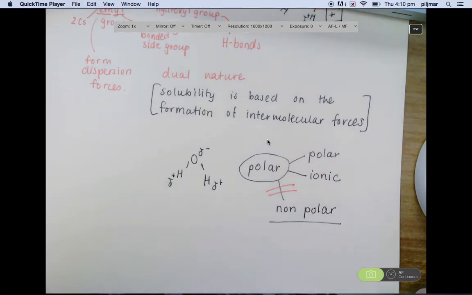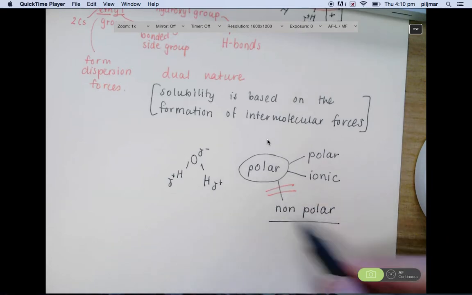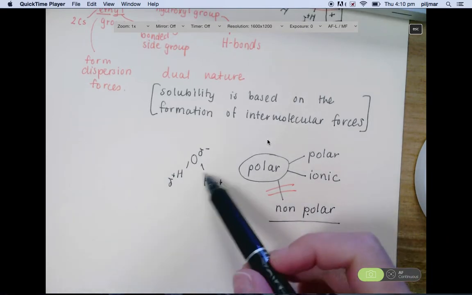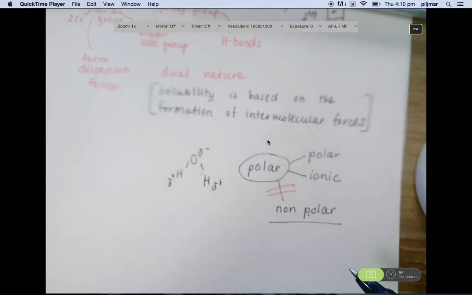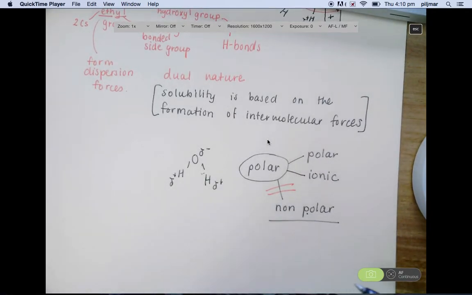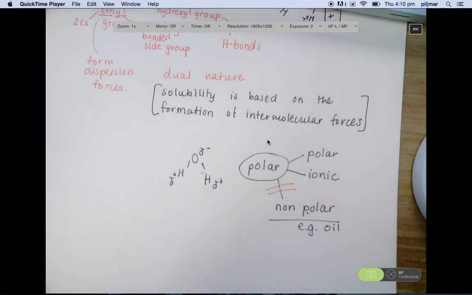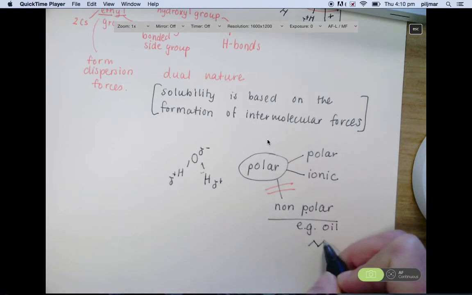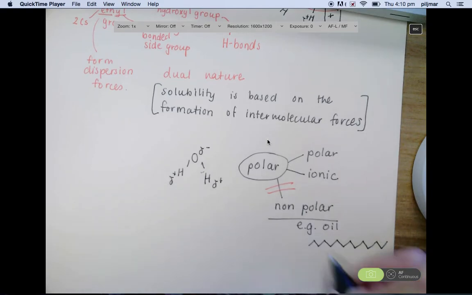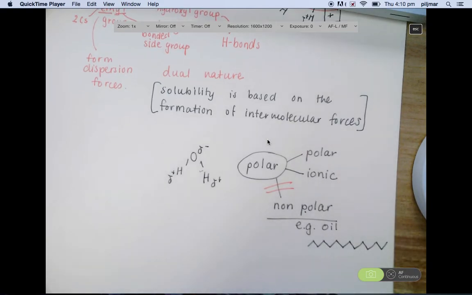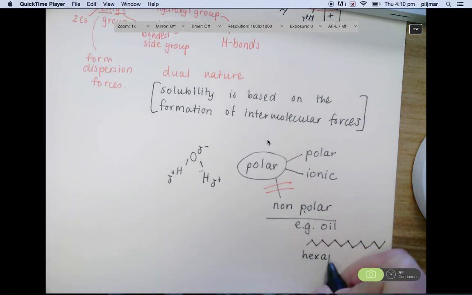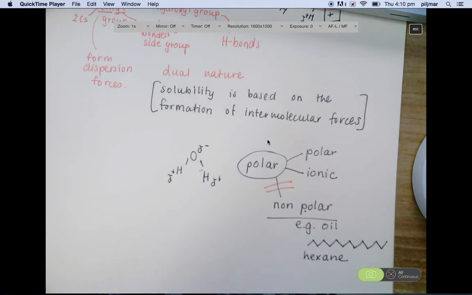Not going to happen, because the dispersion forces in the non-polar substances will remain and water will fail to form any intermolecular forces with that particular non-polar substance. For example, oil, a big, massive hydrocarbon. Remember, we have the notation for hydrocarbons, which is our zigzag, so many, many carbons all bonded together within oil. Another example is our example from today, hexane. Because of the nature of hexane, it can only form dispersion forces.